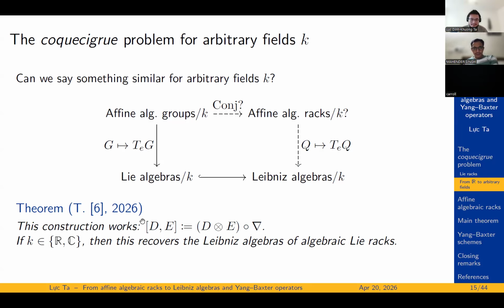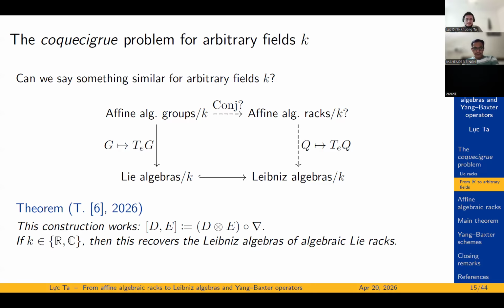In fact, we even have this very nice formula. I'll explain the notation for this later, but the Leibniz bracket can be literally just constructed by this map, which I call nabla, and that's a homomorphism of K-algebras that is induced by your rack operation. I'll go over that notation later. But this does work.